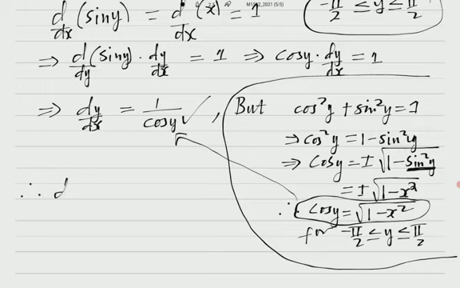Therefore dy/dx becomes nothing but 1 over the square root of 1 minus x squared. That's beautiful. This is the derivative of the inverse sine function.